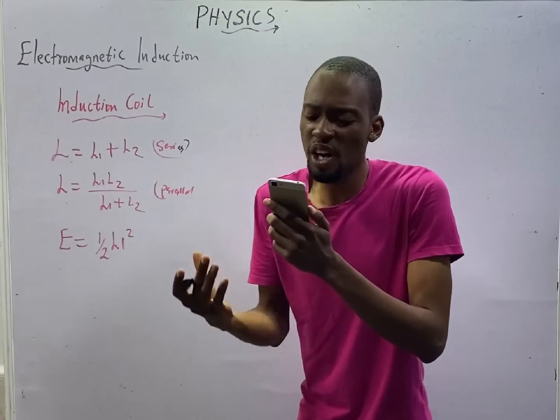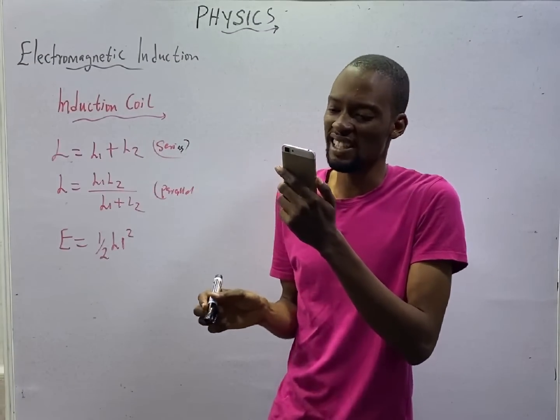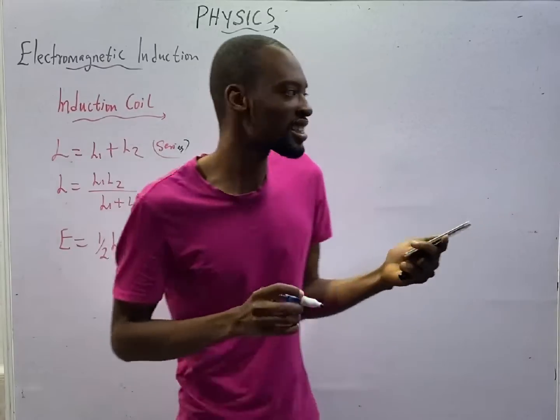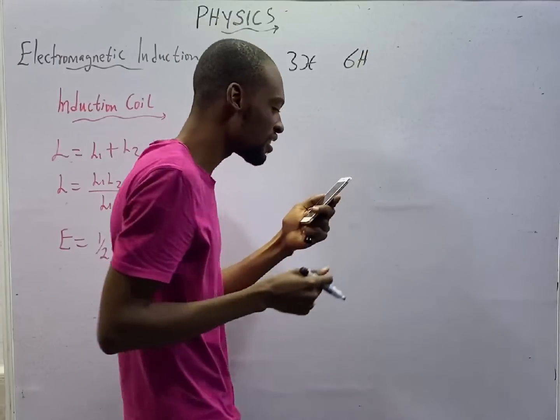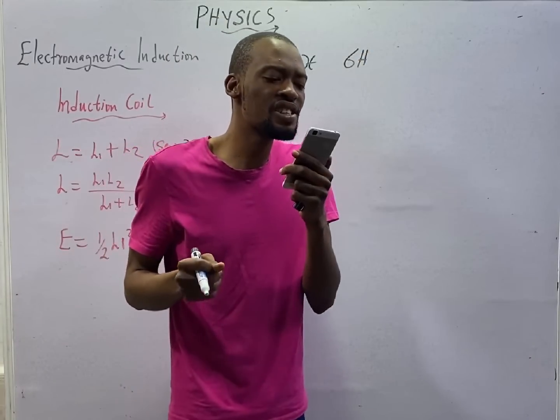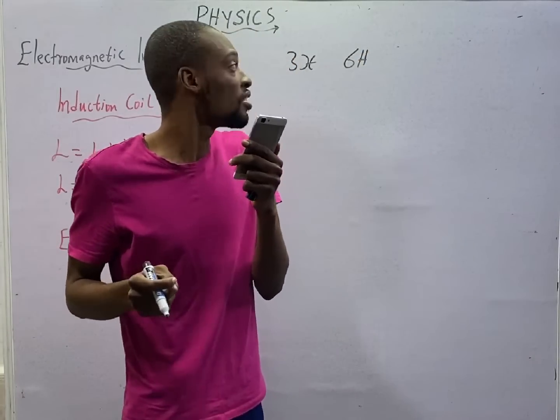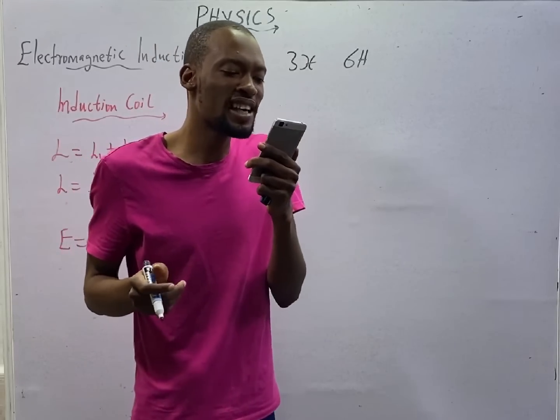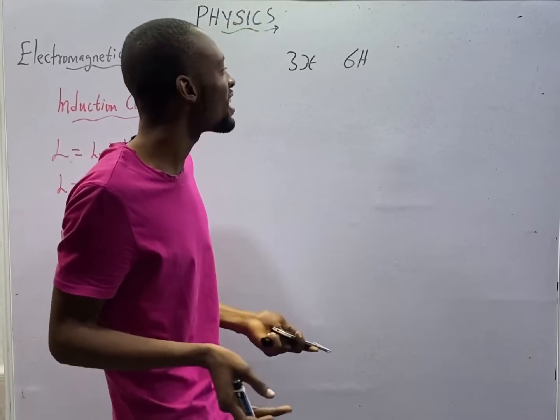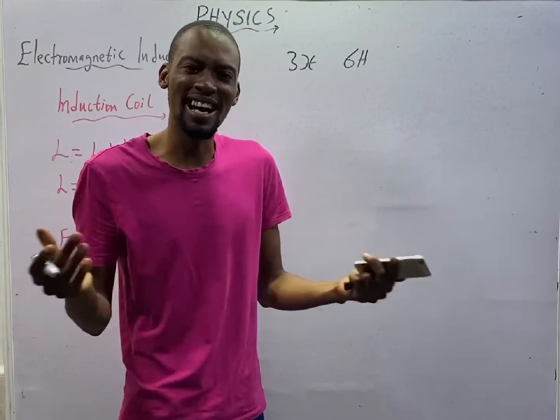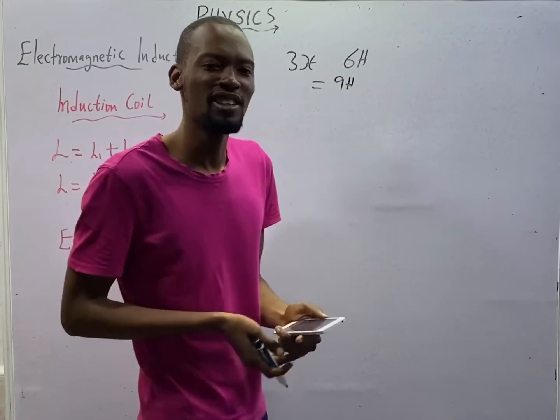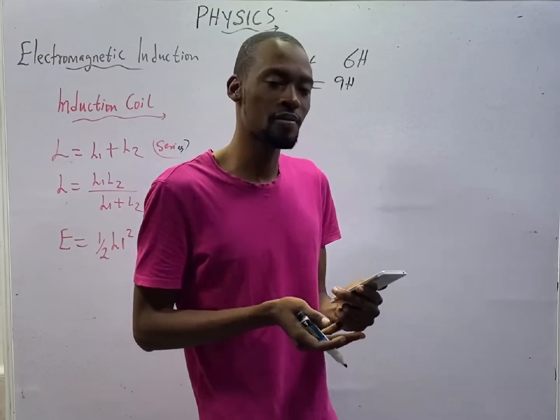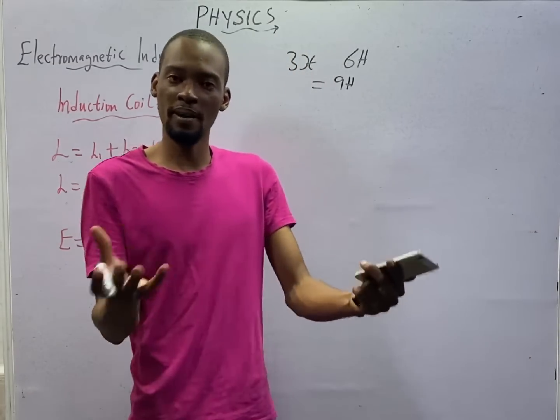If two inductors of inductance 3 Henry and 6 Henry are arranged in series, the total inductance, so long as they are in series, is adding them up. You are going to get 9 Henry. That is all. What if they were in parallel?